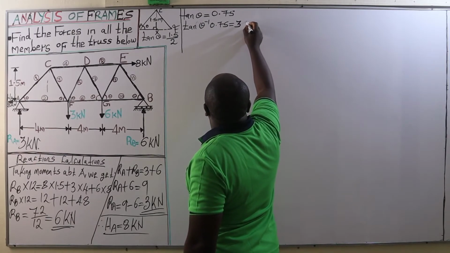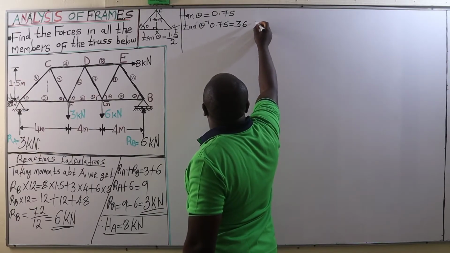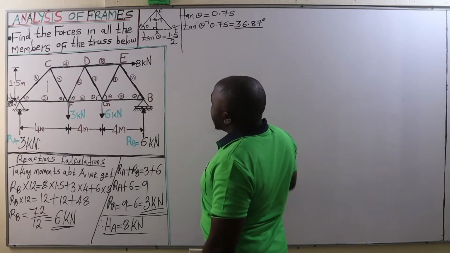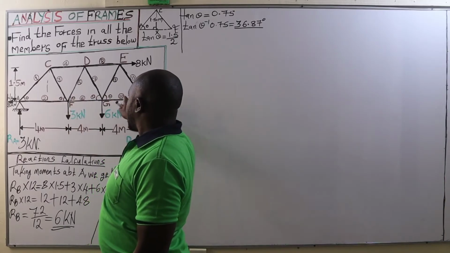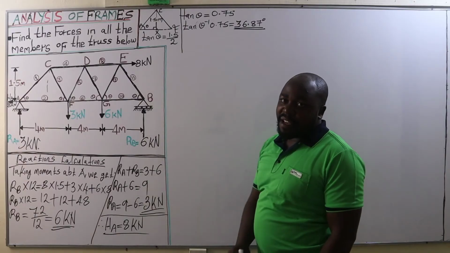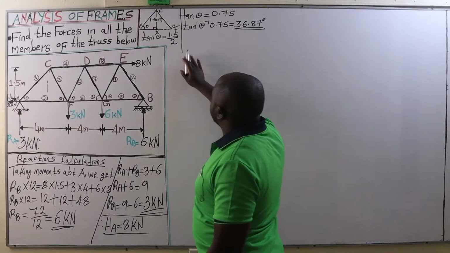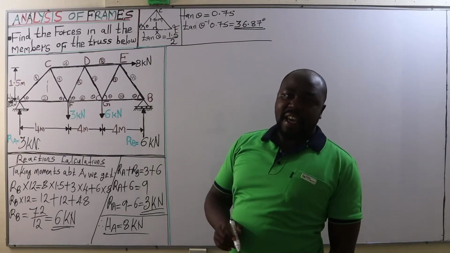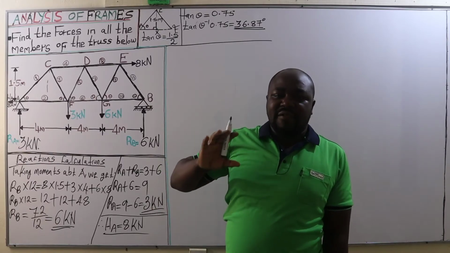Therefore, theta is equal to 36.87 degrees. All these angles will be equal, and they are going to be equal to 36.87 degrees.